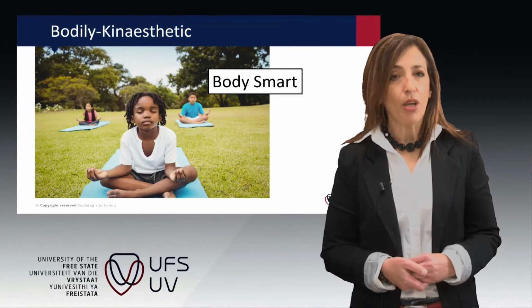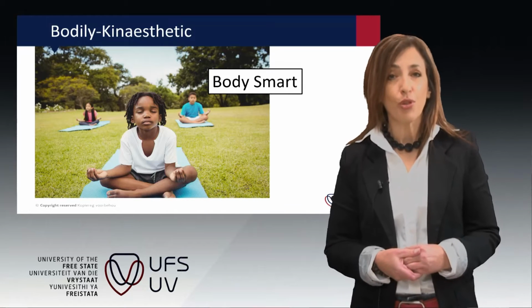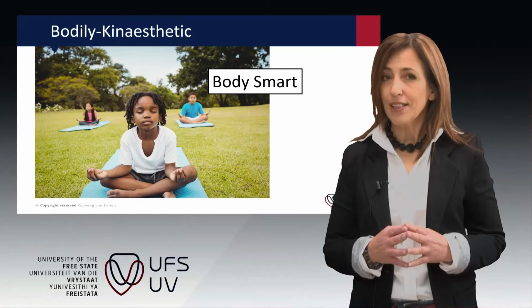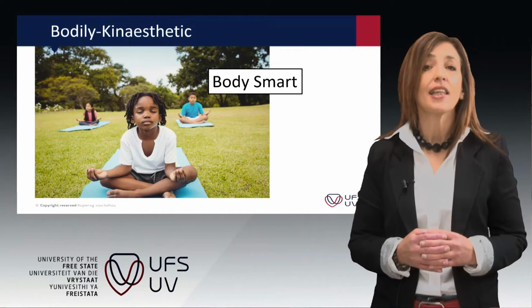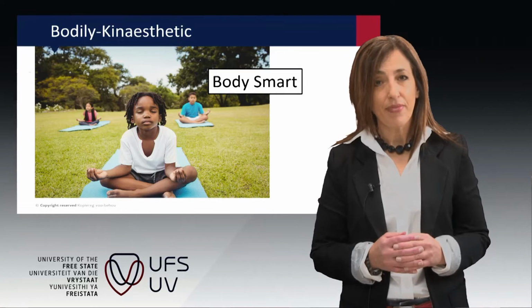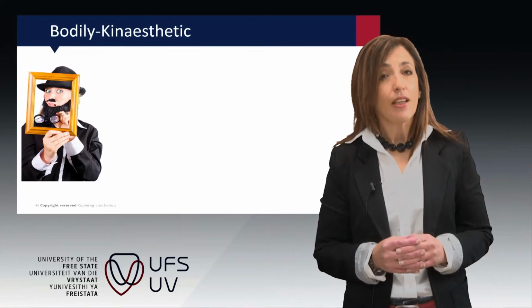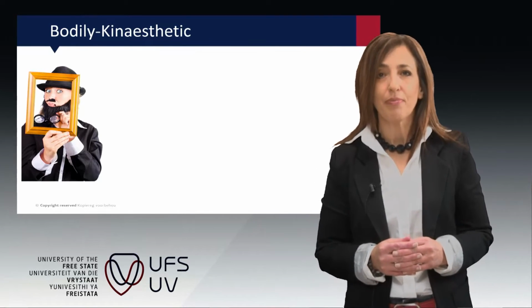Bodily-Kinesthetic, or body smart. Bodily-kinesthetic students are highly aware of the world through touch and movement. There's a special harmony between their bodies and their minds. They can control their bodies with grace, expertise, and athleticism. Learning activities and project ideas. Creating costumes for role-playing, skits or simulations.